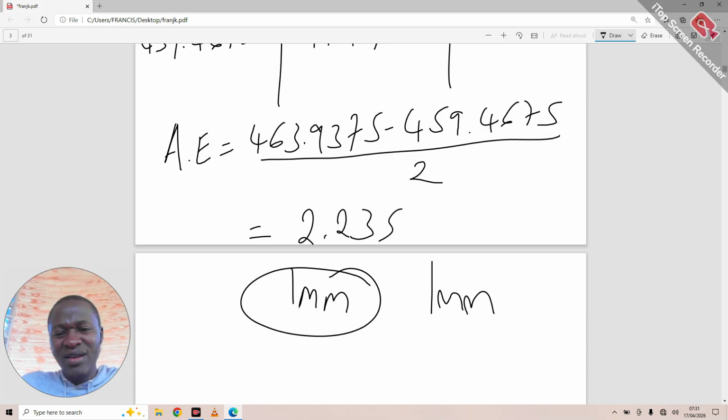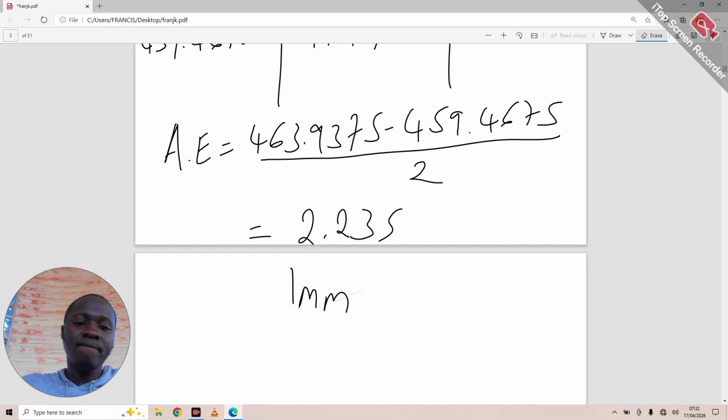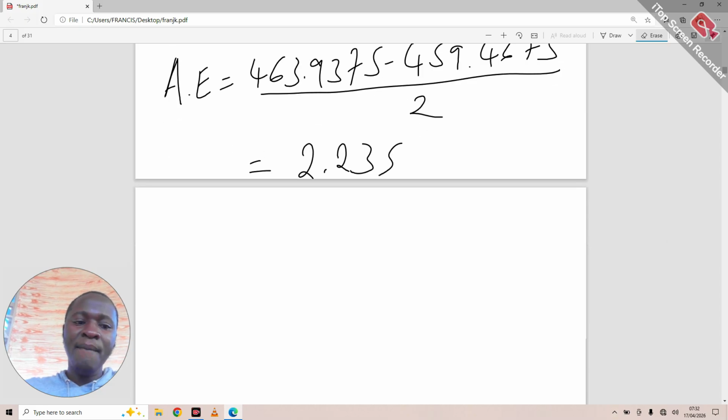Like, 1 millimeter, how? In some cases it is allowed to have 1 millimeter, but when it comes to other points, you sometimes have to think.